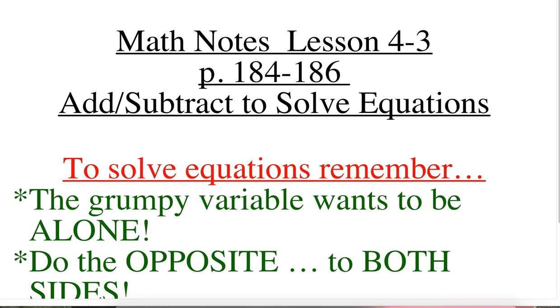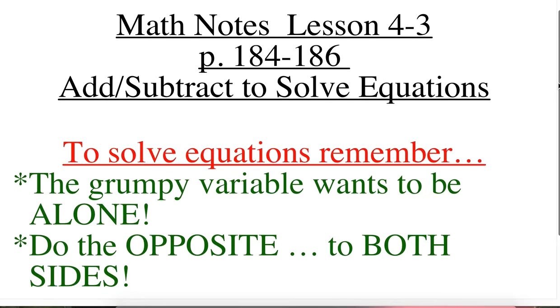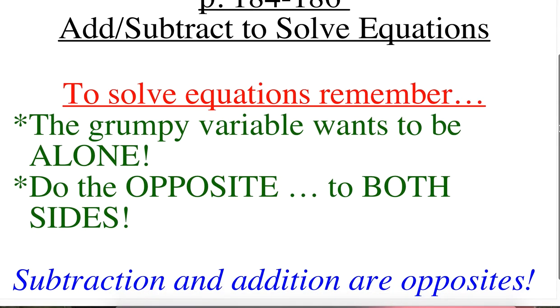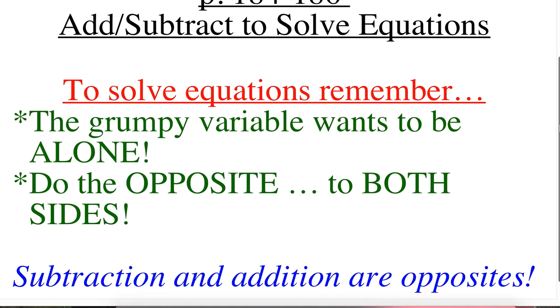Back in Unit 1, we touched on equations just real quick one day at the end of the unit, and I was trying to tell you my little tricks of the trade for working with equations and variables. One of the things I told you was that when we're solving equations and focusing on that variable, remember that the variable is grumpy and he wants to be alone, right?